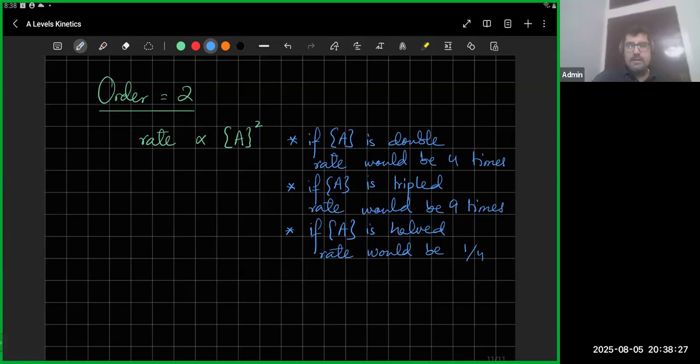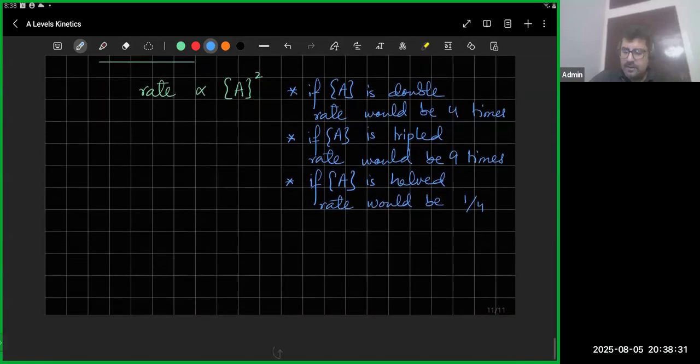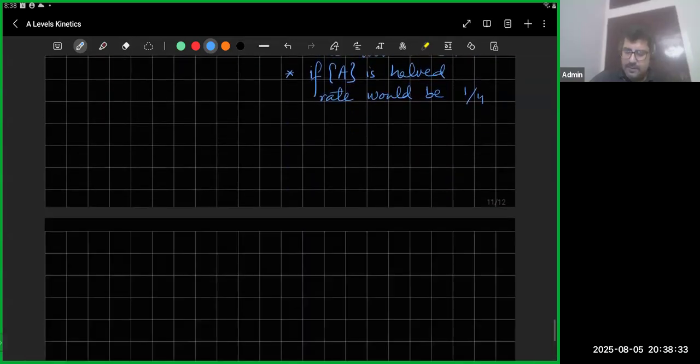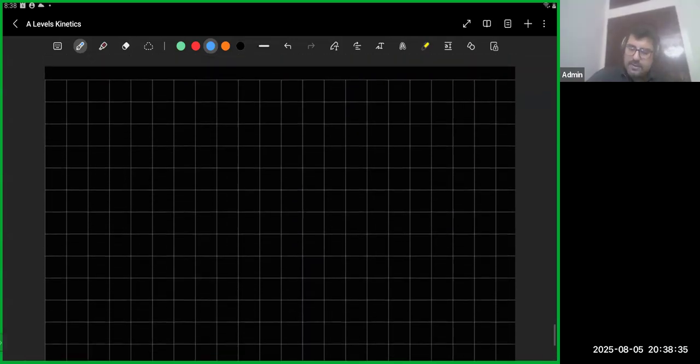चलें अब ये कि the last thing is कि order 2 का ना graph, we'll just do the graph for order 2. The first graph is जल्दी से graph बना लेते हैं. So this is A's concentration and this is rate.